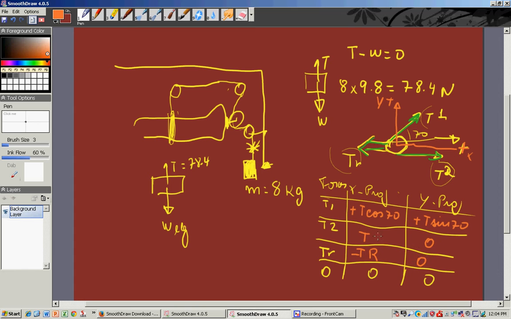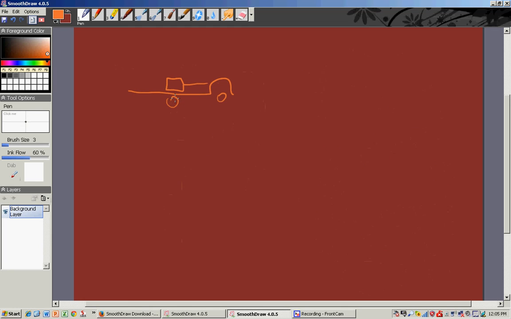And how does T2 project in x? Well, as positive T, and 0 in y. And the traction in x goes negative traction, and in y is 0. So we just need to sum these terms. We know the tension, and then you can get your traction.